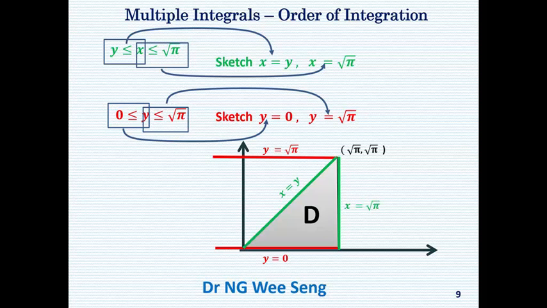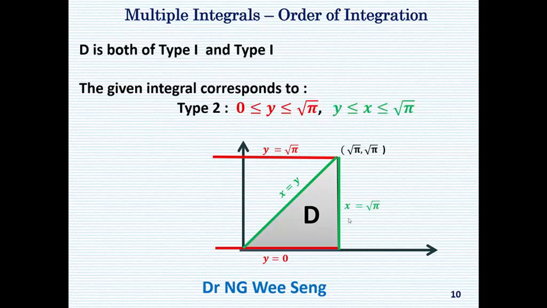And with this region at our disposal, we can now change the order of integration easily. As I mentioned before, the given integral is of type 2, where y lies between 2 numbers and x lies between 2 functions. And now we want to do it the other way around. We want x to be between 2 numbers and y between 2 functions.